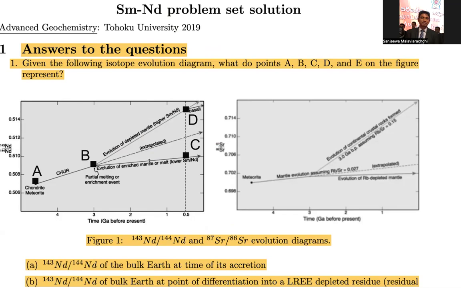Can you see this low angle? So if you connect B and C, and see the angle of that, which is lower than the chondrite evolution line angle, right? That means subchondritic. So lower than the chondrite evolution, because you see here the chondrite evolution is here. The extrapolated chondrite evolution line is there, which is having a higher gradient, higher tan theta.